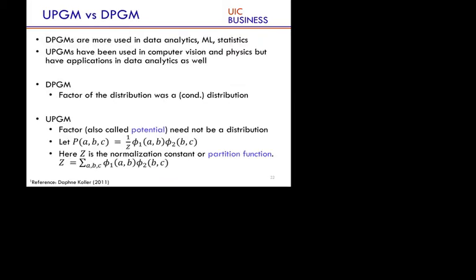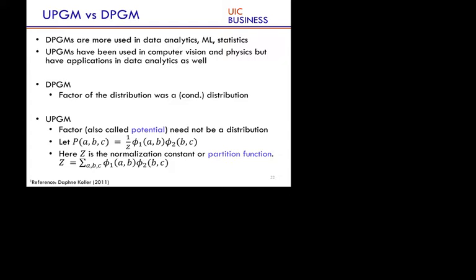Directed graphical models are used in a lot of machine learning and statistics. As I said, the naive Bayes method, hidden Markov model, even Gaussian regression, Gaussian mixture model, all those are just special versions of the framework that we are studying.